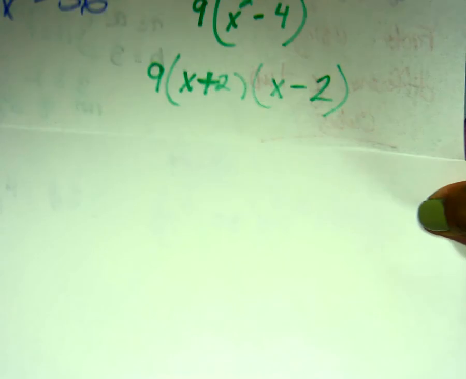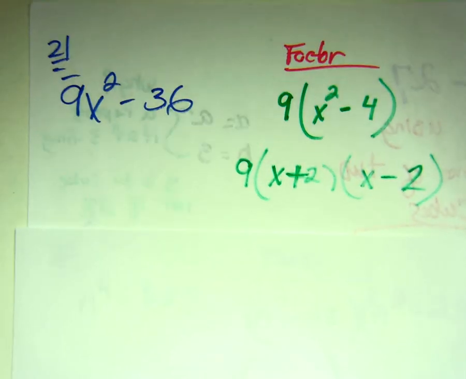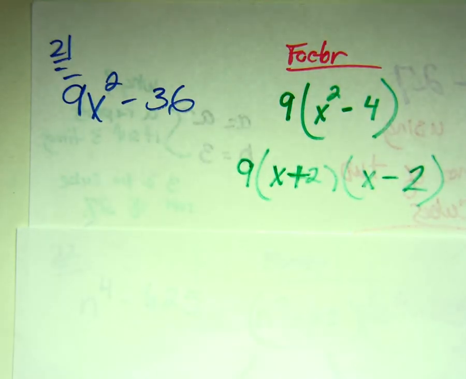We're still working with factoring. So with this one, we're going to factor out the 9 because 9 can go into itself one time and 9 can go into 36 4 times. So that's what I factored right here.